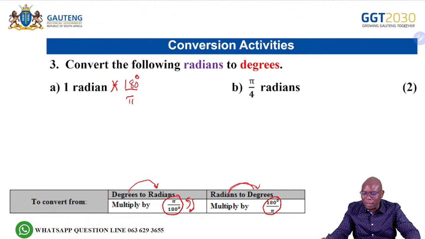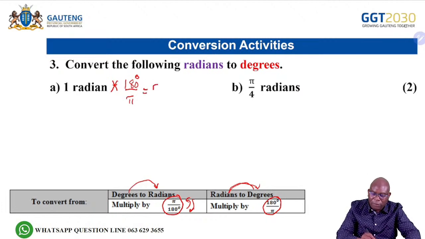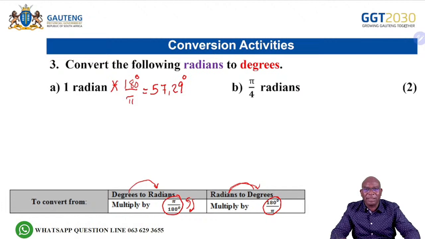If I go to my calculator and do 1 multiplied by 180 degrees divided by pi, the answer I'm going to get is 57.29 degrees, correct to 2 decimal places.